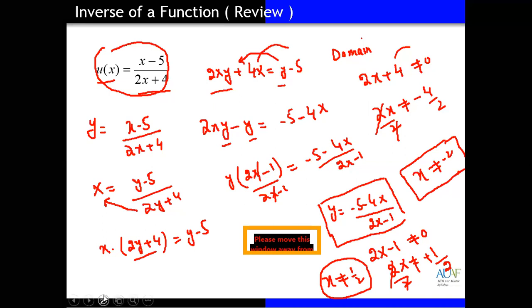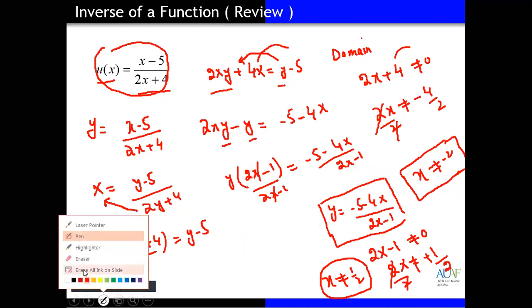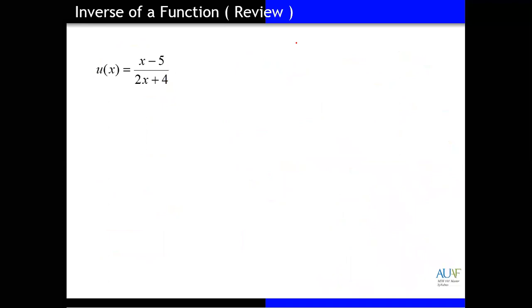Listen, another example. If we have, for example, the simple example y is equal to 2x plus 1, how to find domain and range? You know that the domain is from minus infinity to plus infinity, because you can give any value to x.